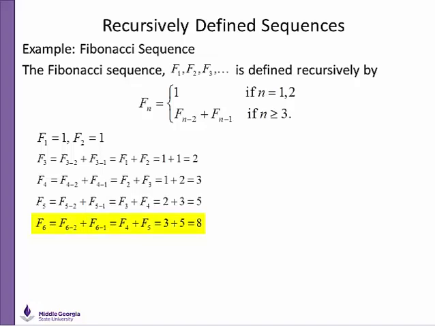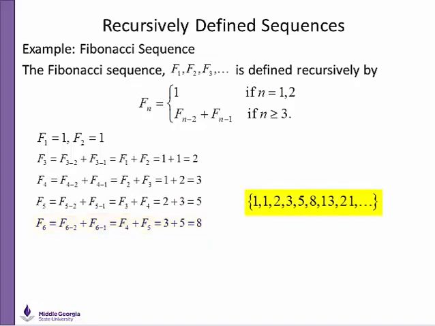One more. f sub 6 is f sub 6 minus 2 plus f sub 6 minus 1 equals f sub 4 plus f sub 5, the two members of the sequence right before f sub 6. So we have 3 plus 5 equals 8.